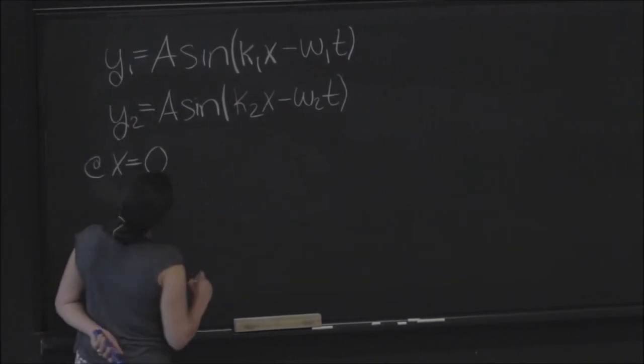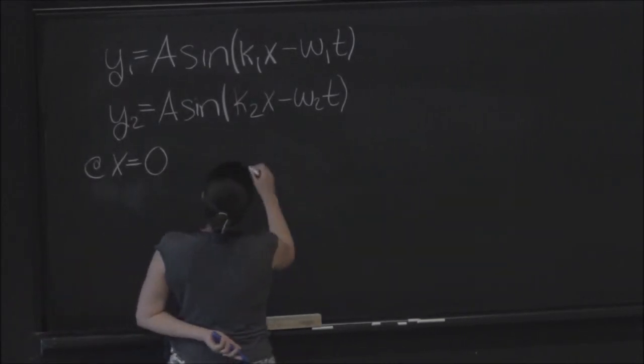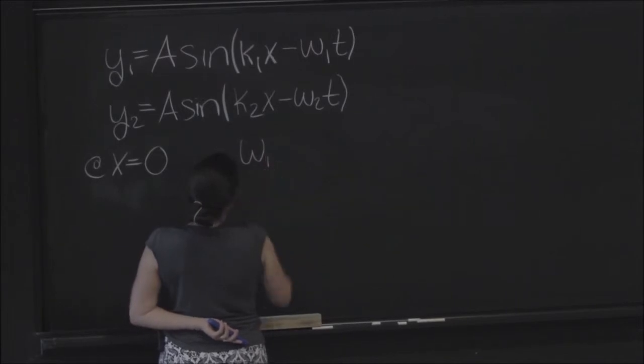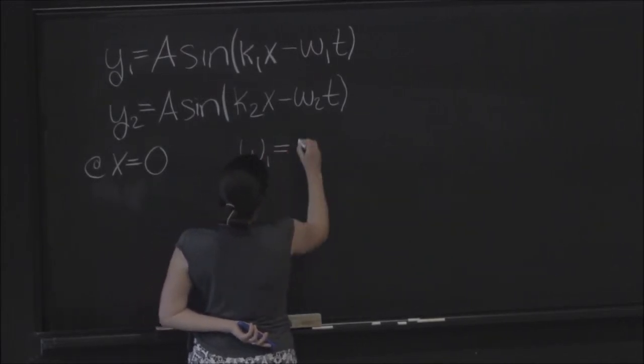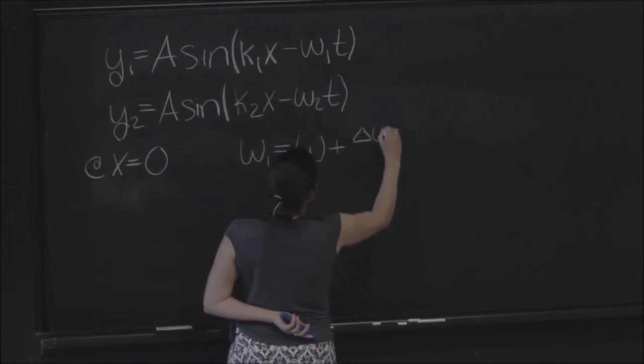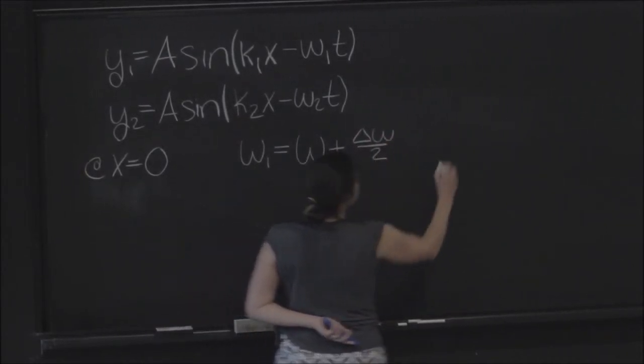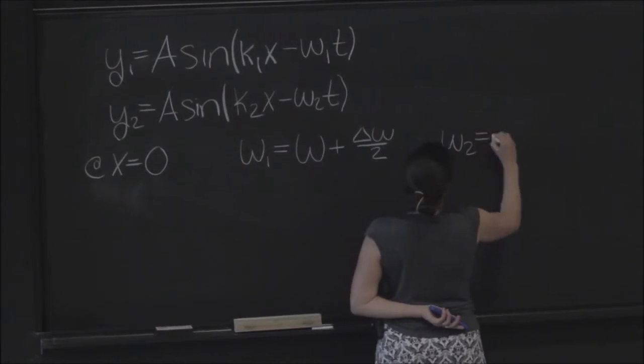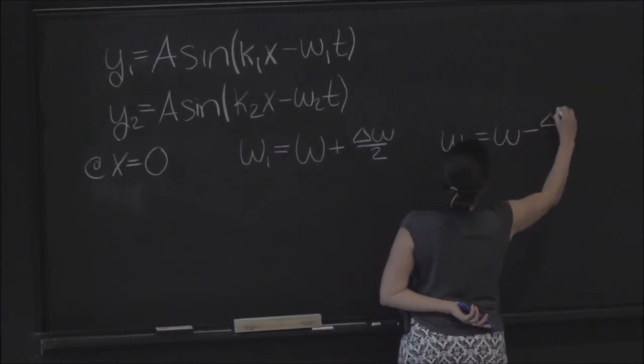The other thing I'm going to do to make my life easier is write the frequency of wave 1 as some frequency omega plus some delta omega over 2, and omega 2 as omega minus delta omega over 2.